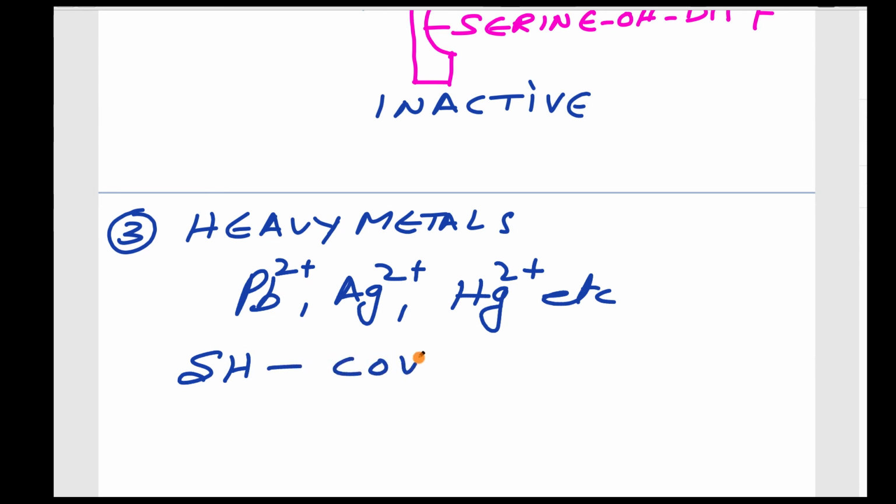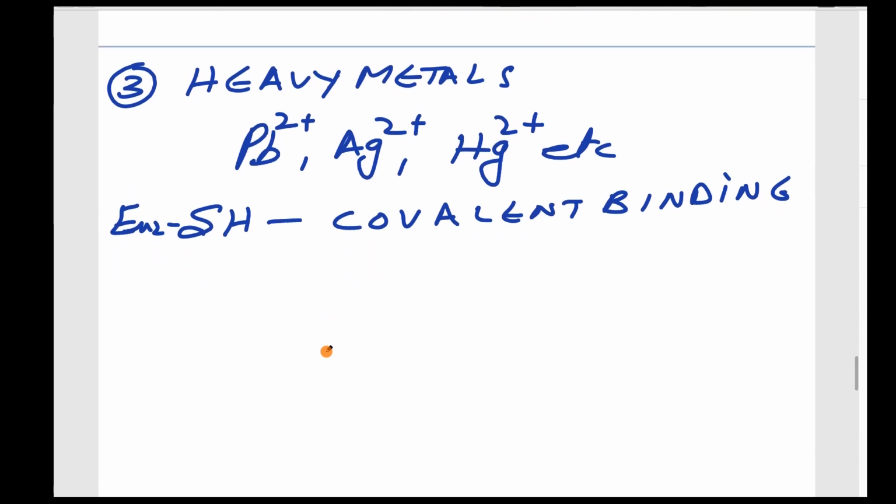These metals bind covalently. The enzyme SH group covalent binding inactivates it. Whereas heavy metals we have studied in reversible non-competitive inhibition, that is not covalent binding. Here it is a covalent binding, it is a permanent binding.